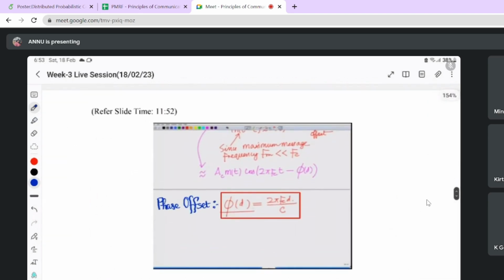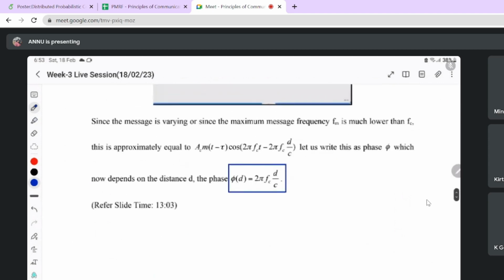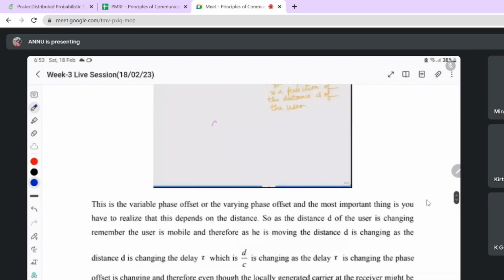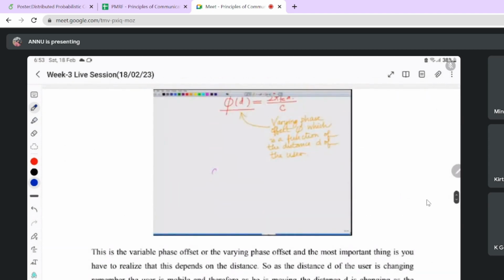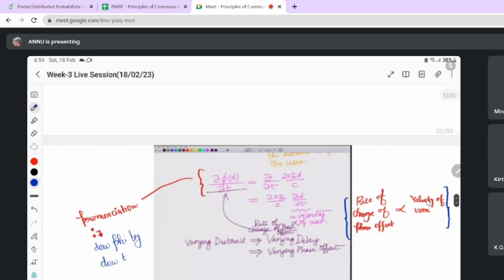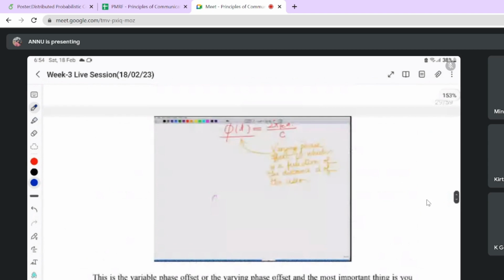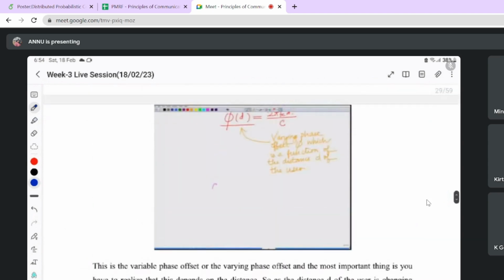So phase offset is equal to 2πfc d/c, a varying phase offset which is a function of the distance d of the user. So it depends on d. How can you minimize this?